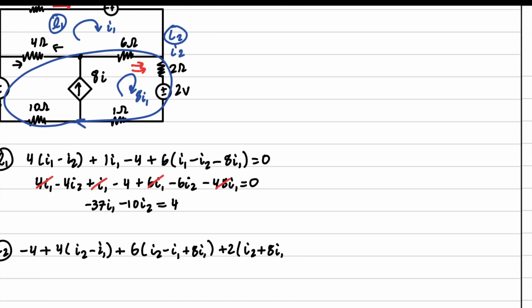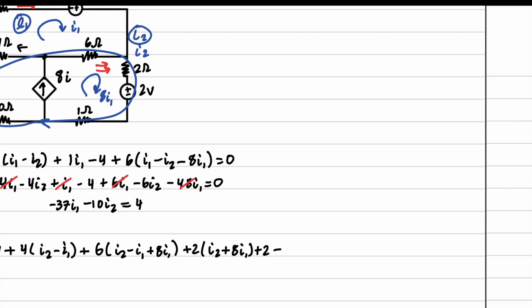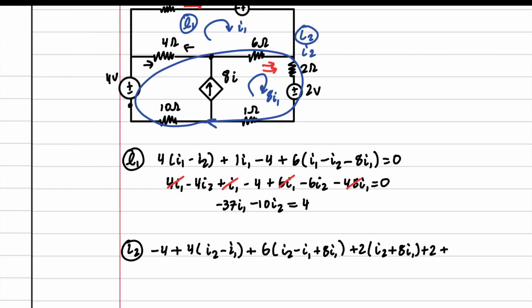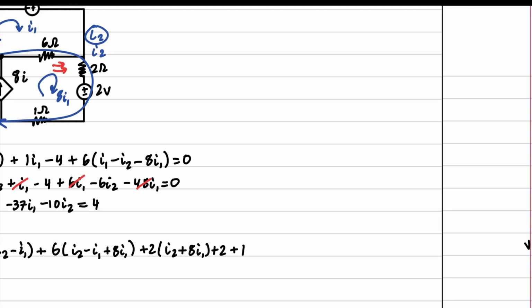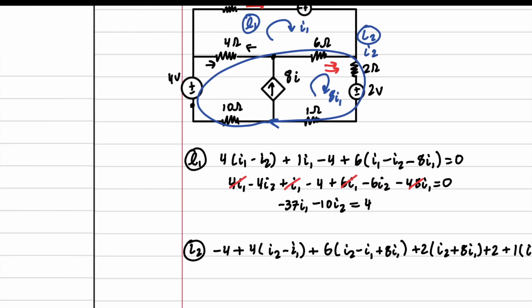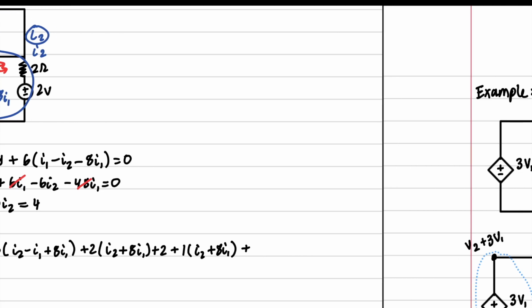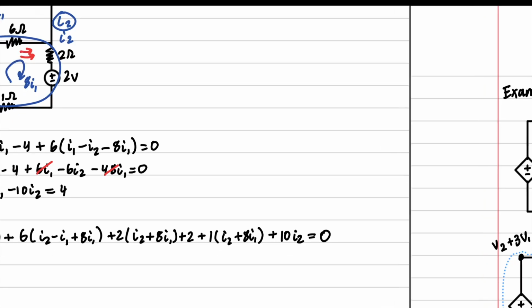And plus, we have this 1 ohm resistor down here, so we have 1 times I2 plus 8I1 because it's helping us, plus 10. And in this case, there's only I2 in the 10 ohm resistor by our convention. So we get 0 right there.